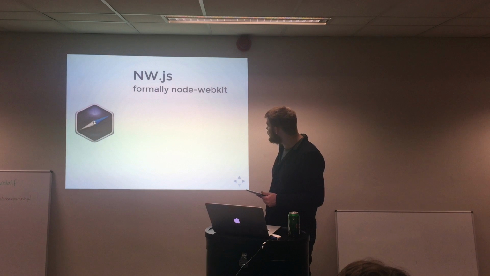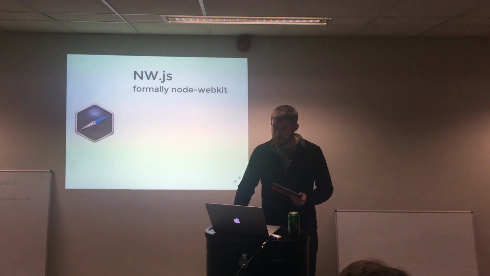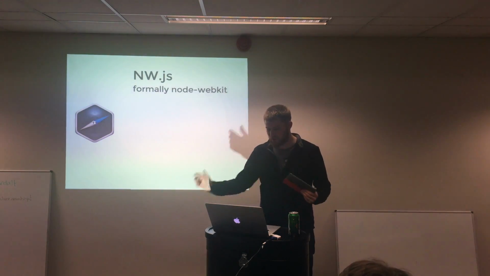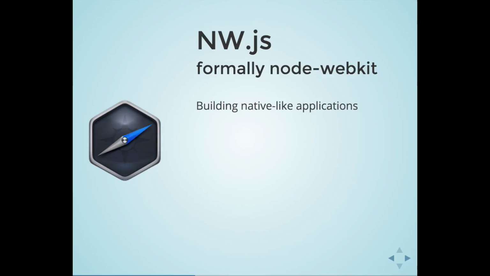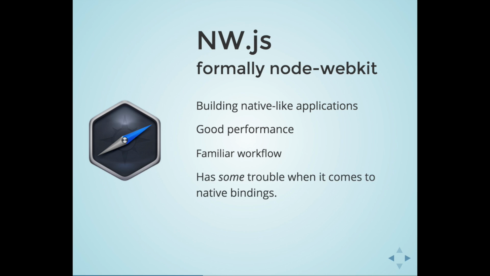NWJS was formerly Node WebKit. They've since moved to IOJS, so they've just renamed to NWJS. And it's really good for building native-like applications. It's got good performance because it's built on Node. It's a really familiar workflow, so you'll be working with CSS, JavaScript, and HTML to build your applications here.